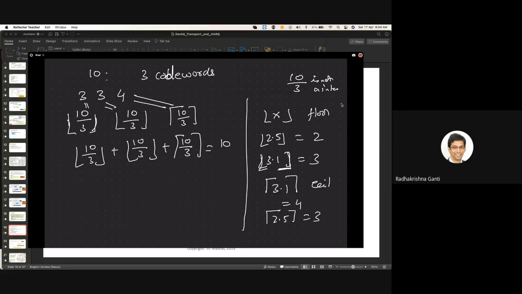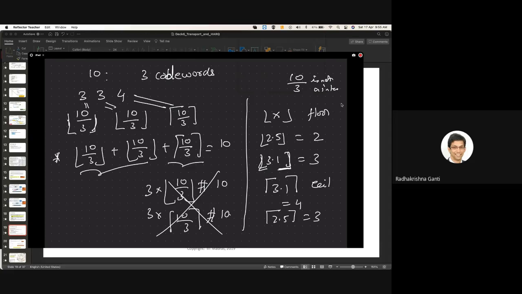This is a proper equation. Of course, these are not true: 10 by 3 floor into 3 is not equal to 10. Similarly, 3 into ceil of 10 by 3 is also not equal to 10. These are wrong. If you want 10, some of them should be floor and some of them should be ceil. That's how you divide them into roughly equal parts. Some of them will not be equal, but most of them will be equal.